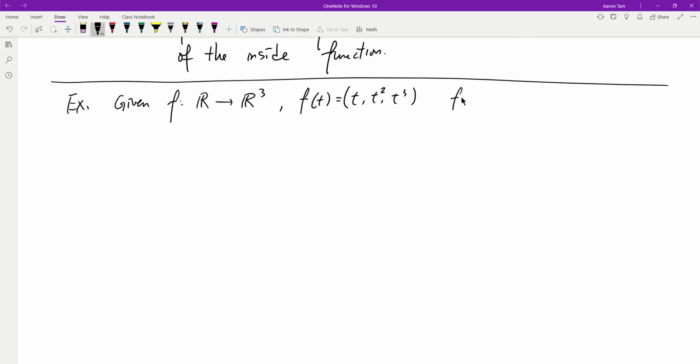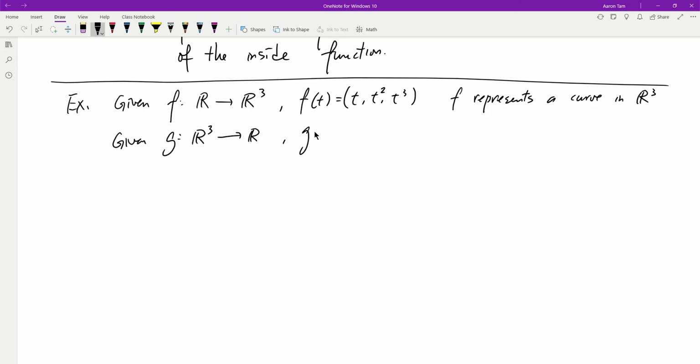Notice that f represents a curve in R^3. Now let's say we're also given a second function g that maps from R^3 to R.